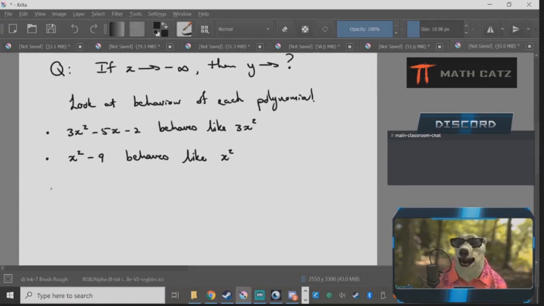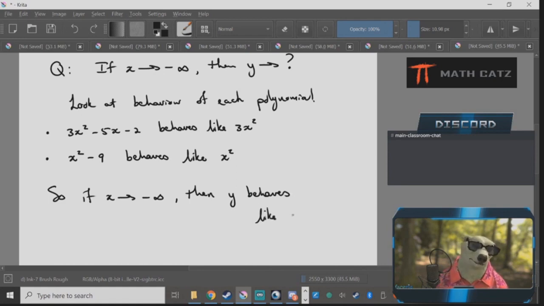So if x approaches negative infinity, then I'm going to write it in words, though the arrow is exactly the same: y behaves like 3x squared over x squared. Again, let me make this extremely clear.